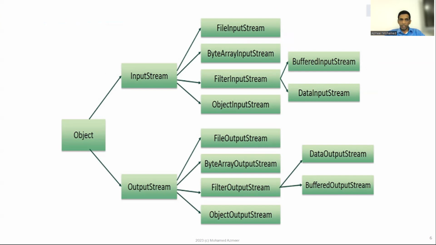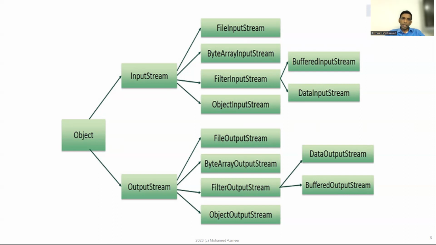This diagram is an interesting one. It shows how this is organized using Java classes. This chart is not only a name, but it also shows you the exact Java class names that are used in stream processing. In Java, everything starts as an object. In this case, we have an input stream and an output stream. These are two different objects, or rather classes, we can see.